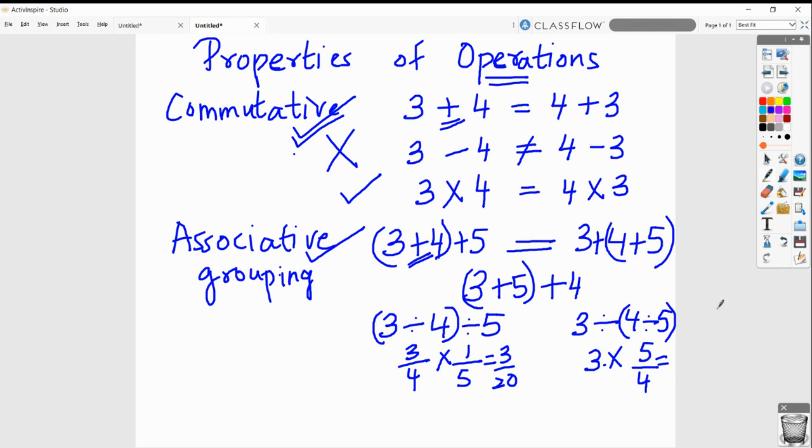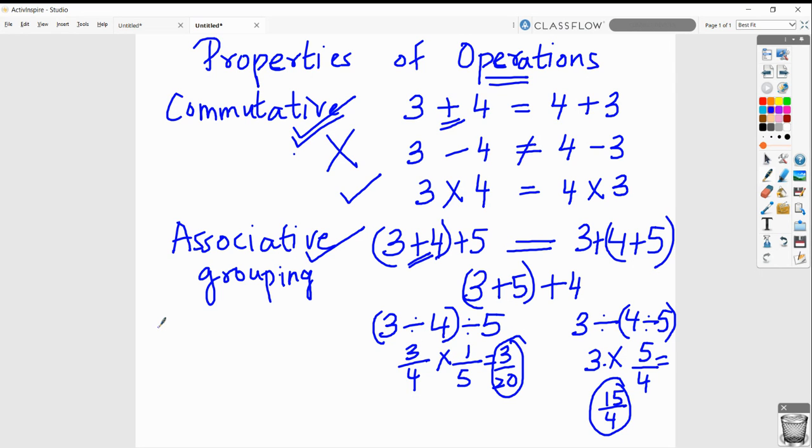The answer of that will be 15 by 4. If you see, this answer and this answer are totally different. That means division is not associative. Whenever you change the grouping of numbers for division, it is not going to remain the same answer. That is why division is not associative.